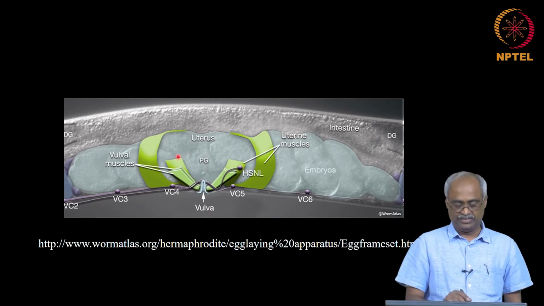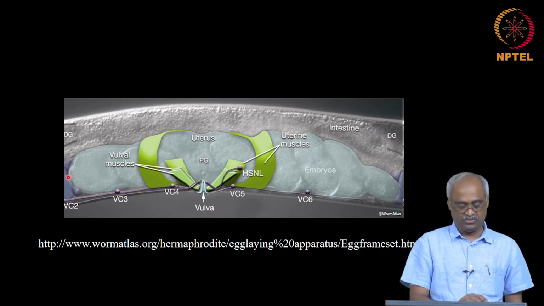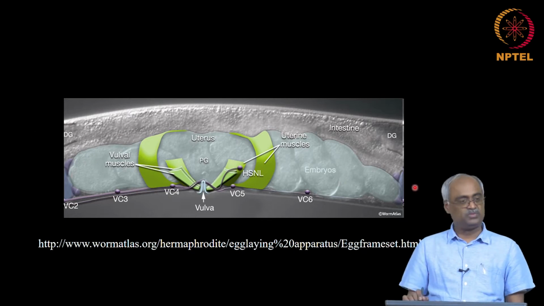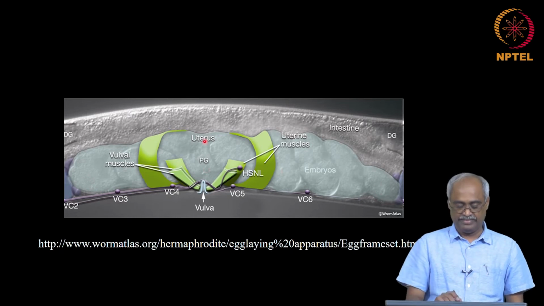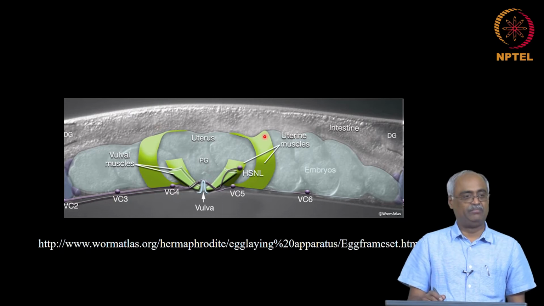Okay. So, this is the opening of the uterus. So, you have two gonadal arms that connect to a central uterus where you have embryos, and the embryos come out through this, and these are muscles that help in the contraction to push the embryo out.